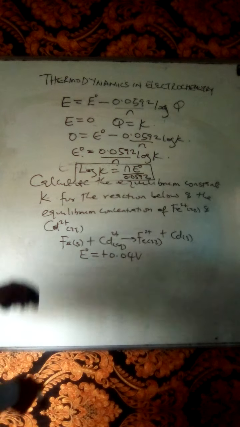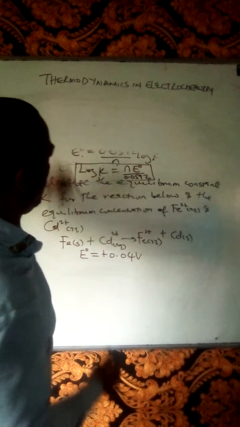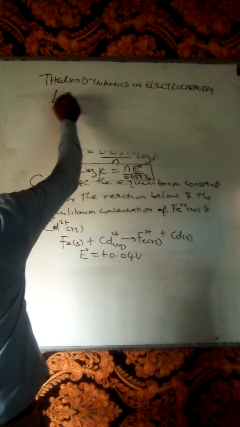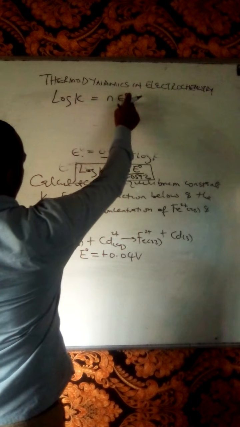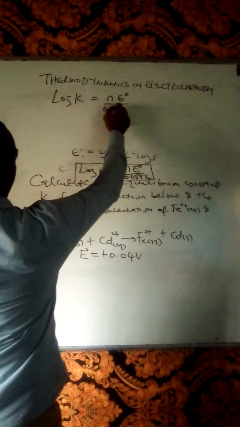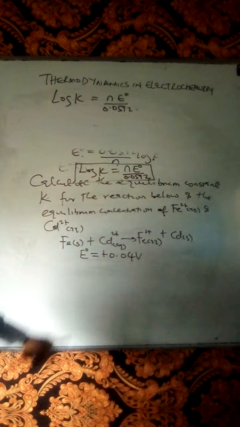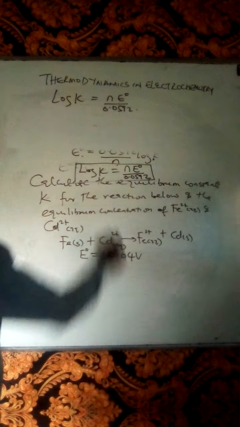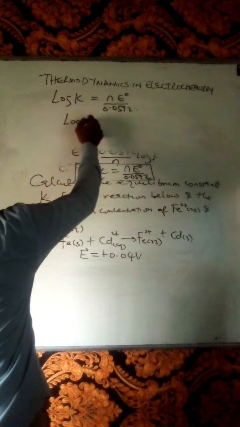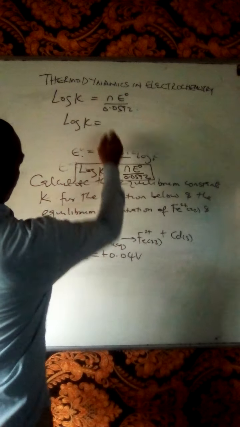So now what we need, I have to clean the board and use the upper side. So log K is equal to N times standard cell potential all over 0.0592. We look at this equation now. We are given the standard potential of the cell, which is 0.04. Now log K, substituting our values, and the number of moles of electrons transferred is 2 in this reaction.